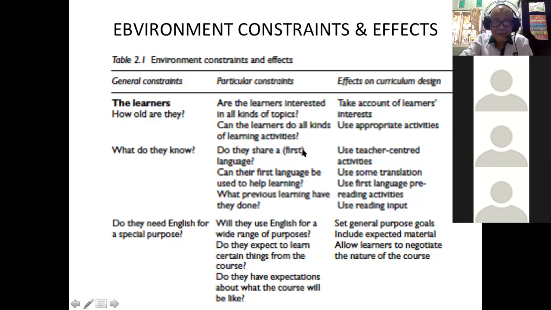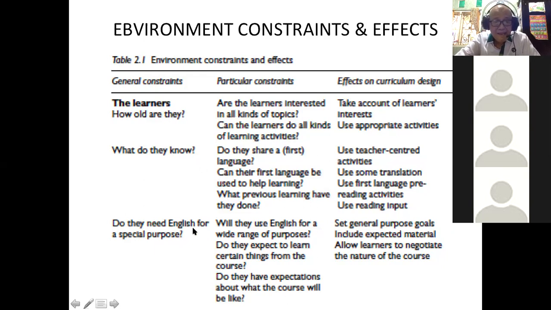Okay, so consider this. What previous learning have they done? If they are in senior secondary school, they have learned English in SMP and probably in elementary school, so consider what they really already know. So this is in terms of what they know, their ability or proficiency in English.